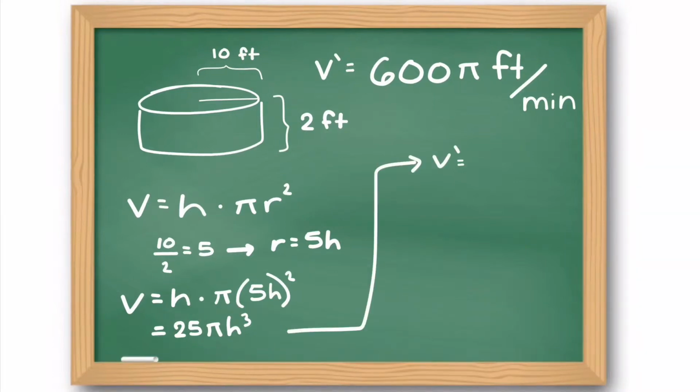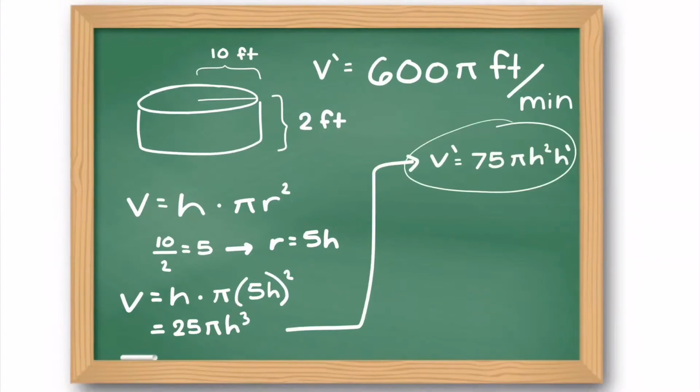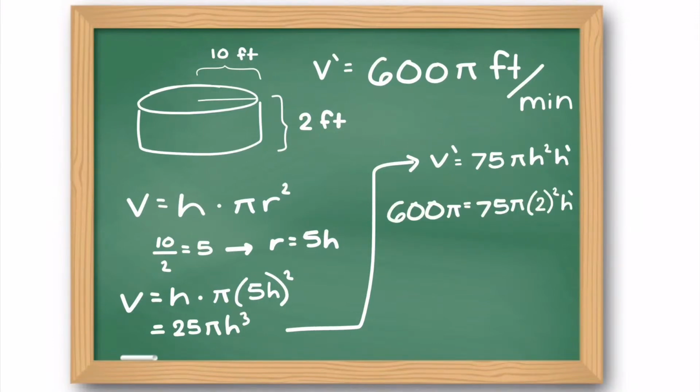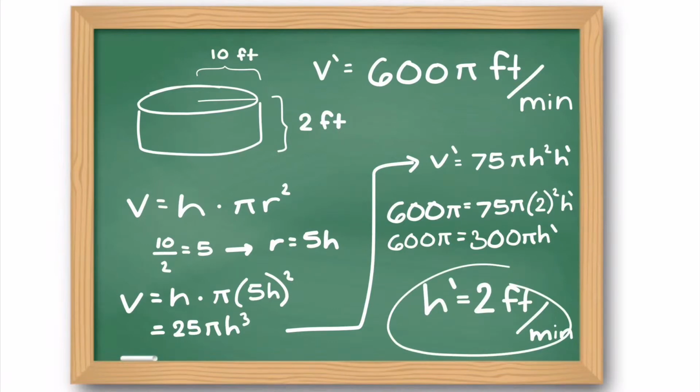Using the power rule, we can find the derivative, which is 75 pi h squared h prime. The h prime is added due to deriving multiple variables. We can then plug in our known values of the height and the rate of change of the volume to get 600 pi is equal to 300 pi h prime. If we solve for h prime, the rate of change of h, we get 2 feet per minute.